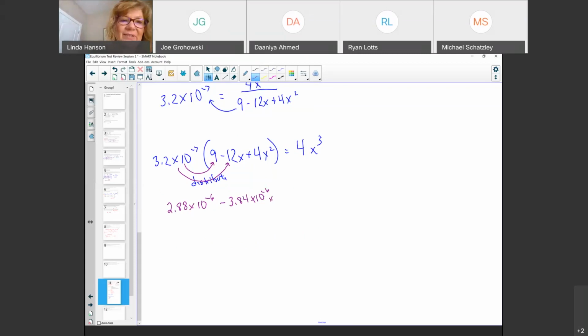And one more time, I multiply the k constant by 4, which comes out to positive 1.28 times 10 to the -6 x squared, still equal to 4x cubed.